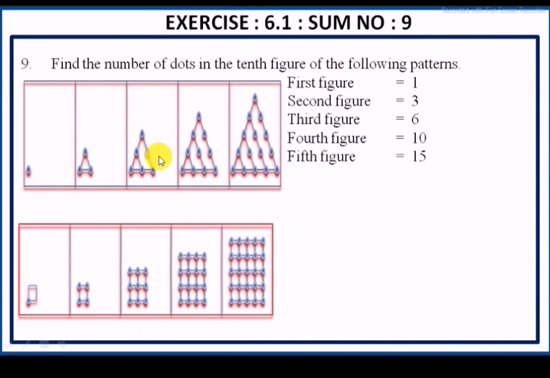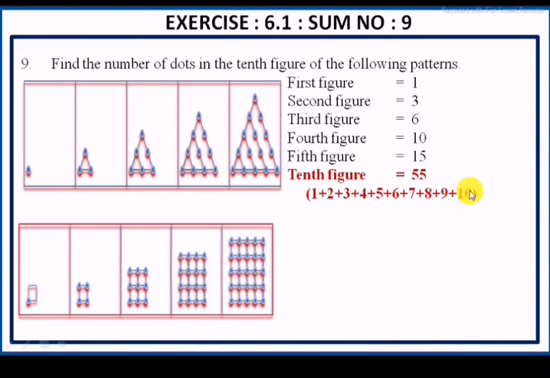So here the pattern is 1, 1 plus 2, then 1 plus 2 plus 3. Then you have 1 plus 2 plus 3 plus 4, 1 plus 2 plus 3 plus 4 plus 5. The 10th pattern will be 1 plus 2 plus 3 plus 4 plus 5 plus 6 plus 7 plus 8 plus 9 plus 10.